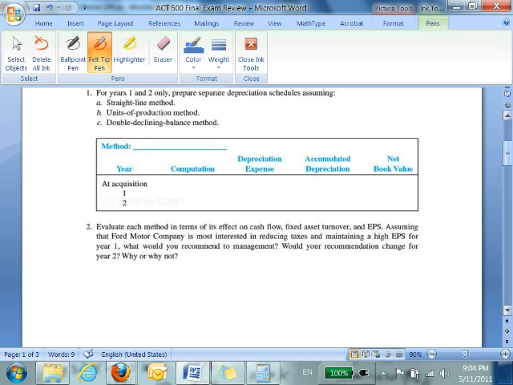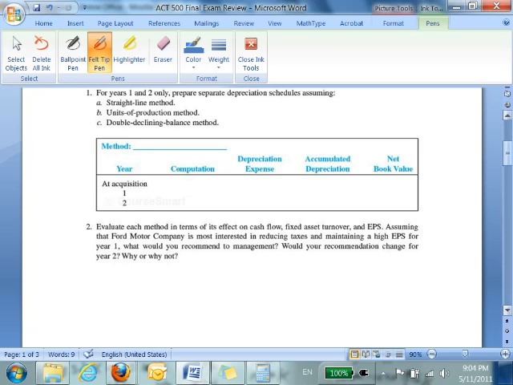How about the effects on the fixed asset turnover? The double declining method would be the most favorable method for fixed asset turnover also, because it yields the highest amount of depreciation expense, and it yields the lowest level of net fixed assets.